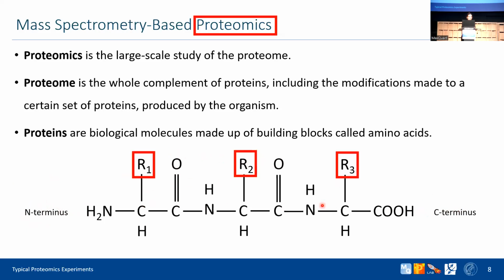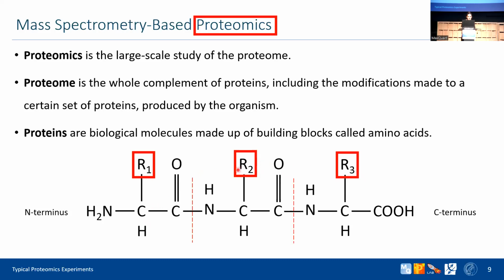Here, you have 3 different amino acids that you can distinguish based on the side chain, because everything else is the same between the amino acids. So here we have 3 different side chains, so 3 different amino acids. And what happens when you put amino acids together is there is a reaction with condensation of water, so water leaves, and then you create a bond between these amino acids that is called a peptide bond.